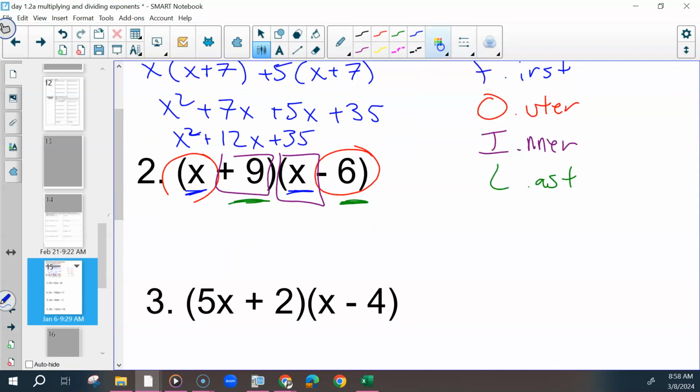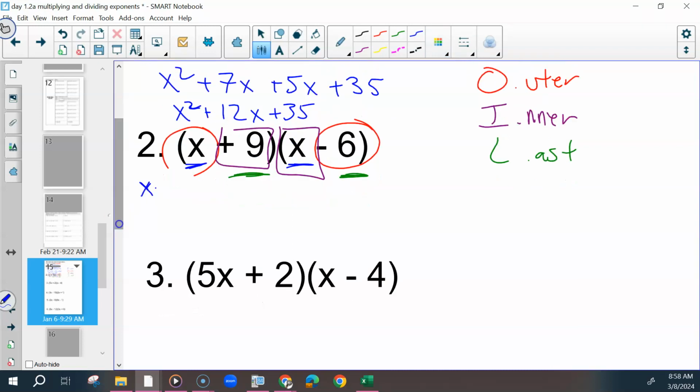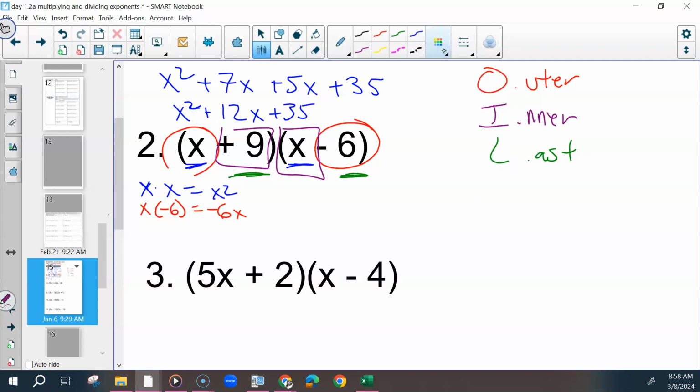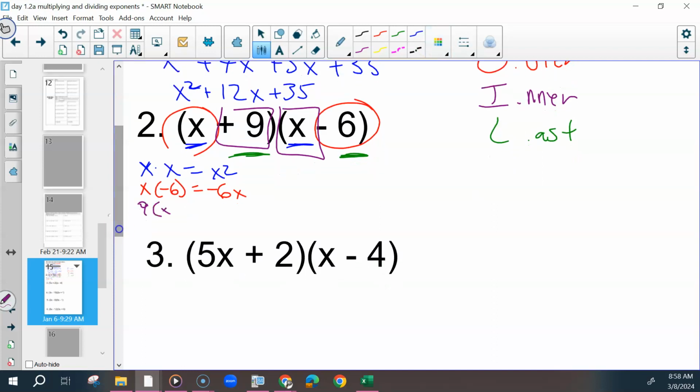So if we multiply the first together, x times x would give us x squared. The outer terms, x times negative 6, negative 6x. The inside terms, 9 times x, would give us 9x.